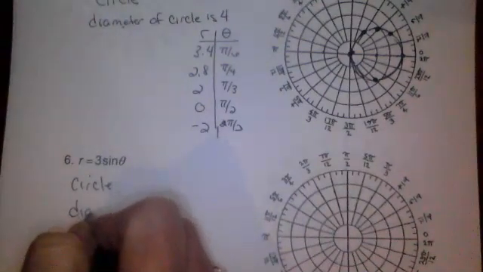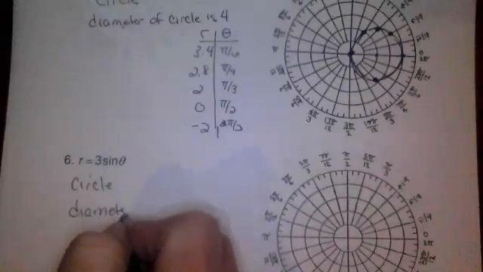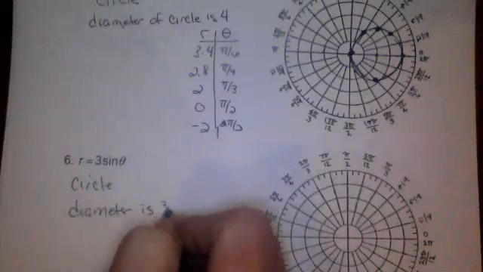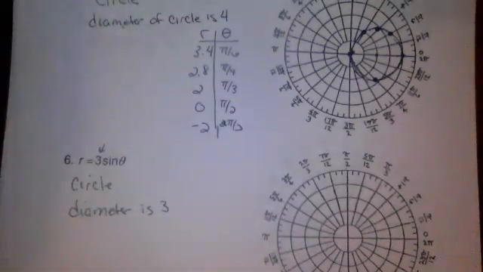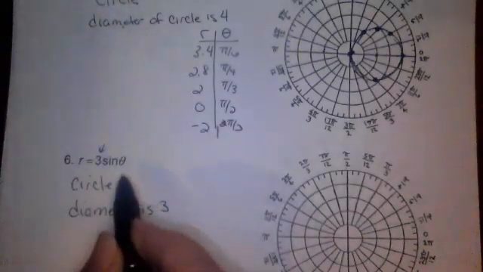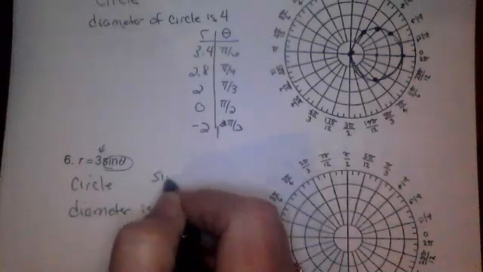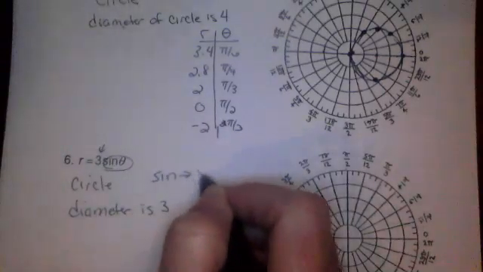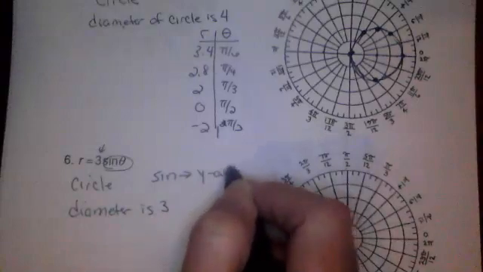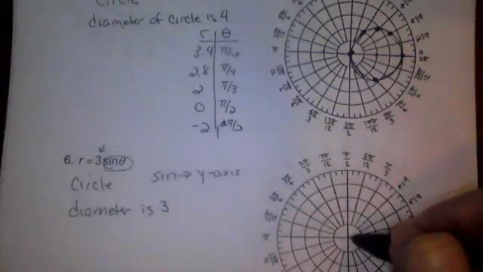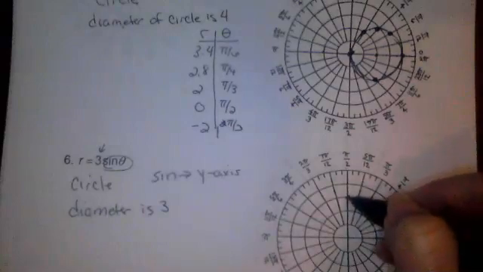The diameter is going to be 3 right here. But this one is sine. And since it's a sine graph, it's going to be on the y-axis. So instead of going out 3, we're going up 1, 2, 3.